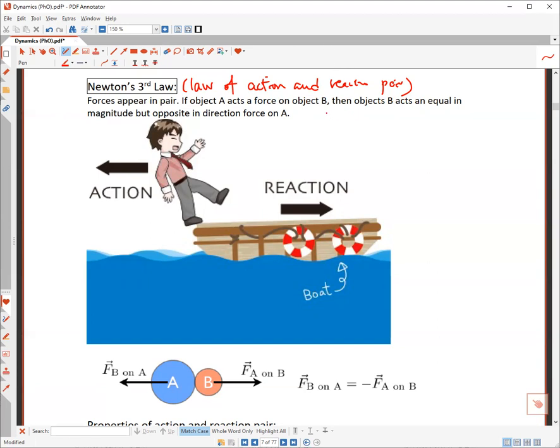If there exists a force acting on A by B, then there also exists a force acting on B by A. Okay, these two are in pairs. So now this is the condition, or the criteria, for an action pair.